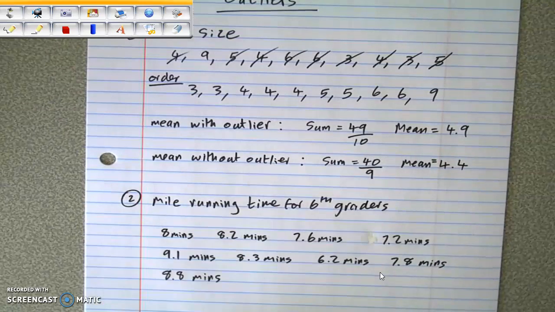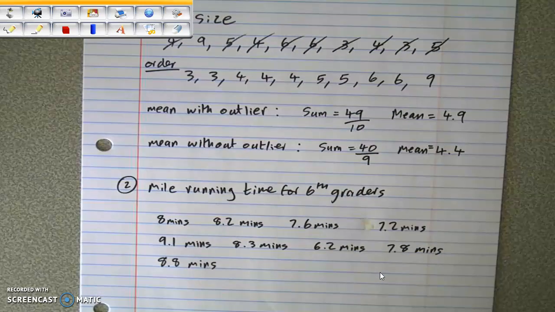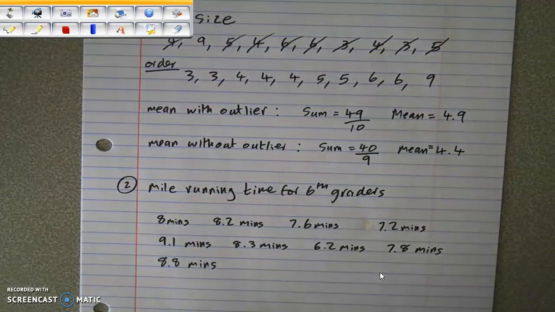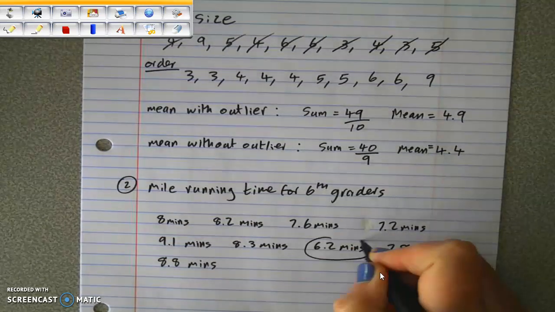Okay. So the outlier would be the 6.2 minutes, because the 6.2 minutes is at least a minute faster than the next closest one, and all the others are kind of in a range together. So the 6.2 would be the outlier.